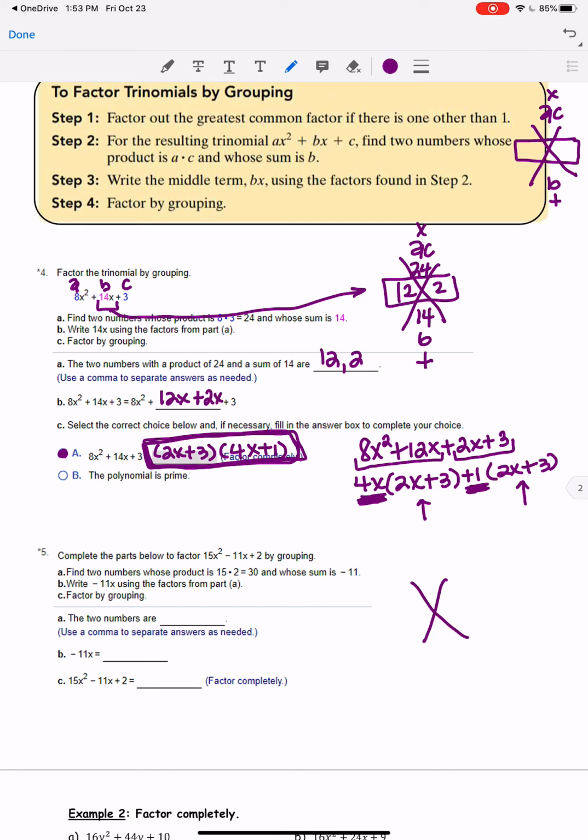So they're asking for the x here. My A times C is 15 times 2. And then my B term is negative 11. So their question is, the two numbers are, what adds up to negative 11 but multiplies to 30?